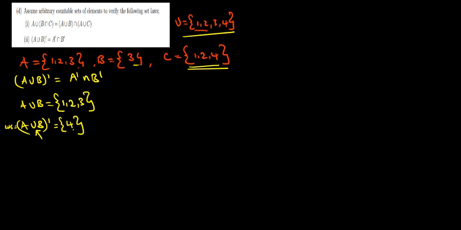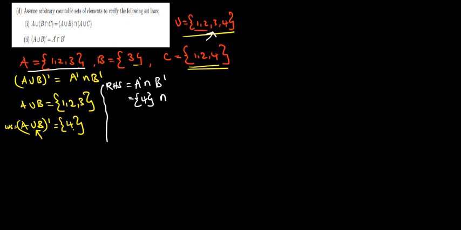Now let us find what we have on the right hand side: A complement intersection B complement. What is the A complement? This is my set A here. My A complement will contain all the elements that are not in A but are in the universal set, so it will just be 4. Then intersection.